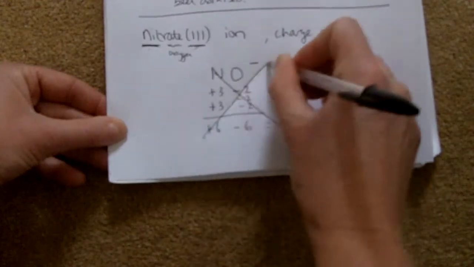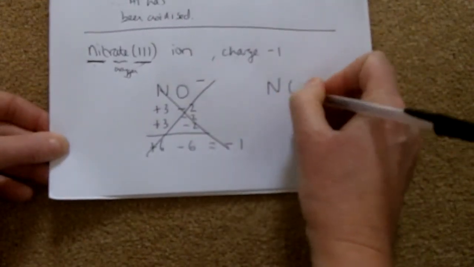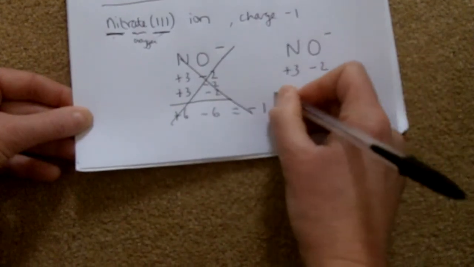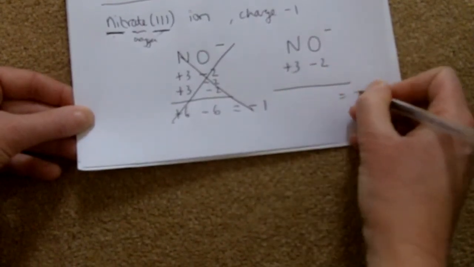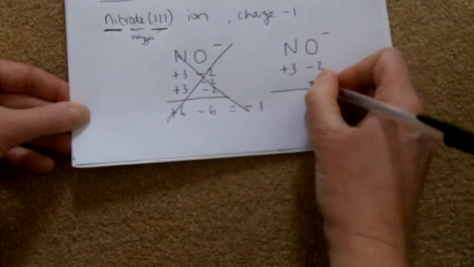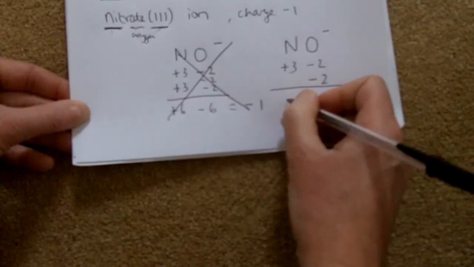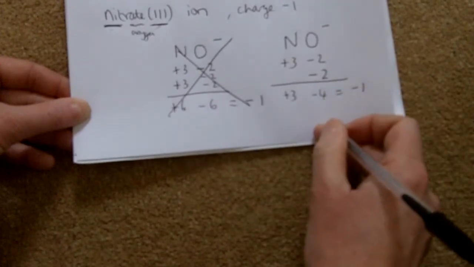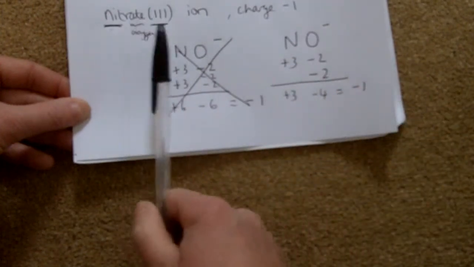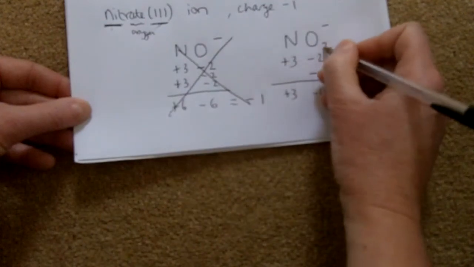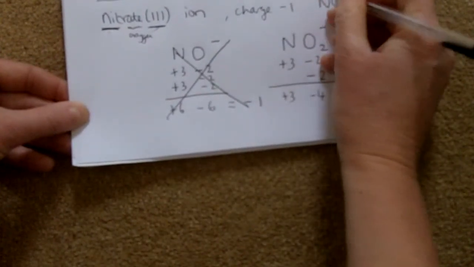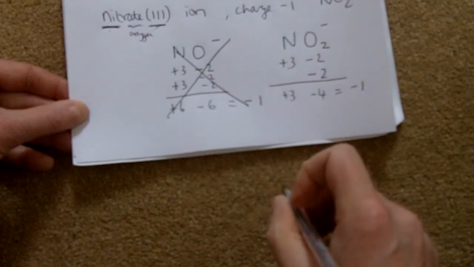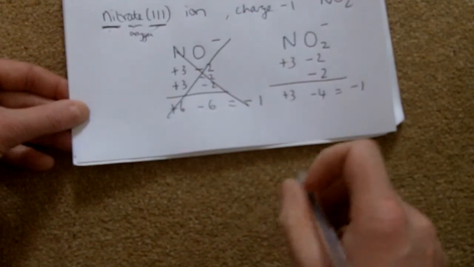Let's take NO. If that is +3 and that's -2, and we have to get it to equal -1, we need 2 of those, because then that will be 3 minus 4 equals -1. So the formula for the nitrate(III) ion is NO2 minus.